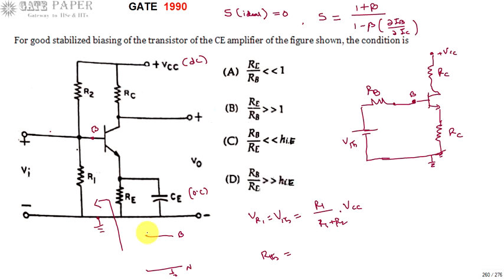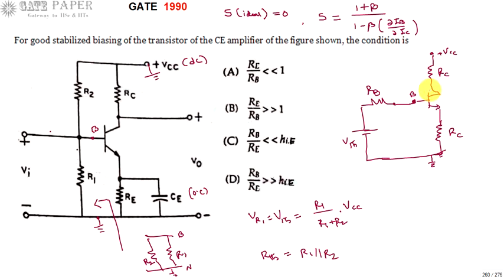There is an R1 resistor between base and neutral, and since VCC is connected to ground, it is shorted for calculating Thevenin's resistance. R2 is also between base and ground, so within base and ground there are two resistors R1 and R2 in parallel. So RTH is the parallel combination of R1 and R2.